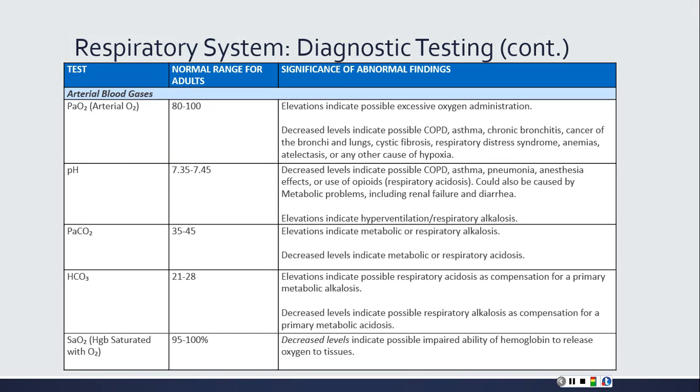So this is what we're looking for related to ABGs. All right, PaO2, we want it to be between 80 and 100. Okay. pH, 7.35 to 7.45. Back to this PaO2. If you have elevations over 100, what could that indicate? We talked about earlier. Yeah, oxygen toxicity. So that's what we're looking for.